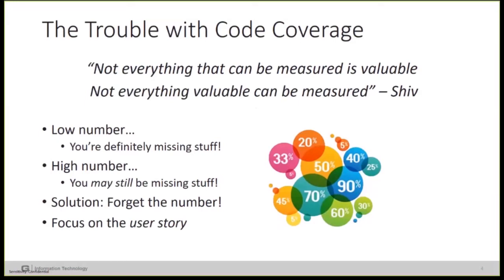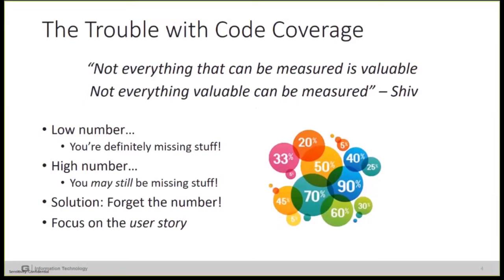So there is subjectivity here. But when that's the case, you can't necessarily measure it with a nice tidy percentage, okay? So now, if you do get a low number, then I think you can assume straight away you're definitely missing stuff, right? But a high number doesn't mean you're done, okay? A high number just means you're on your way to getting done, maybe.